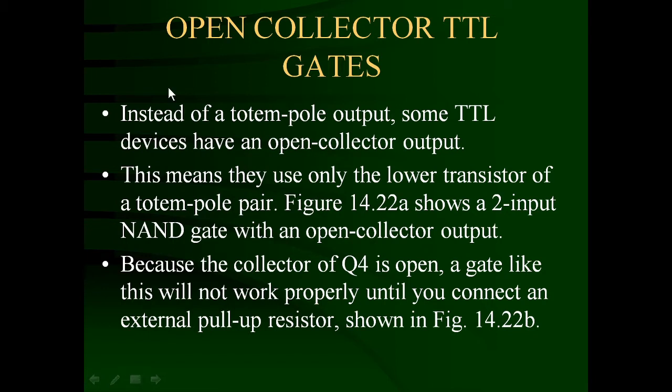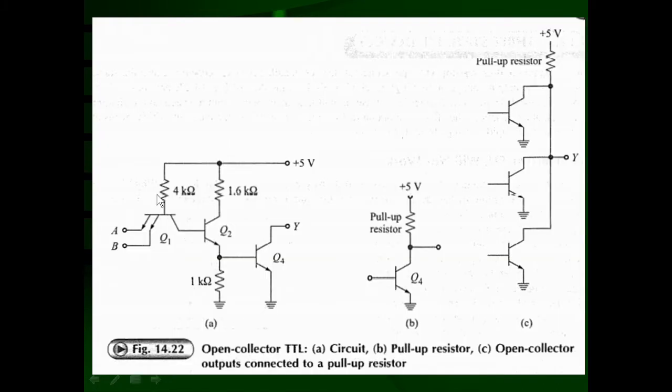Because the collector of Q4 is open, a gate like this will not work properly until you connect an external pull-up resistor, shown in figure 14.22b. This is the circuit of open collector TTL. This is the schematic circuit diagram, and you see that it is similar to the two-input NAND gate.